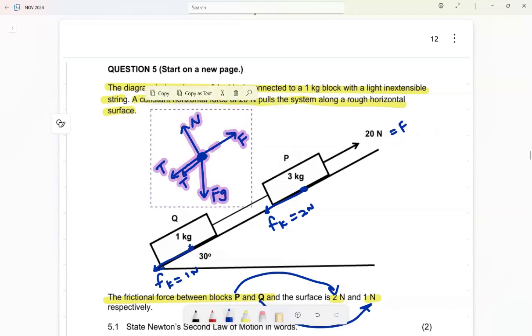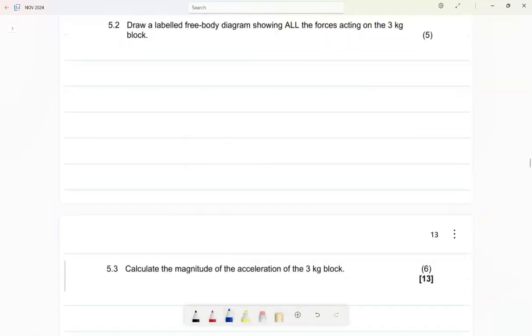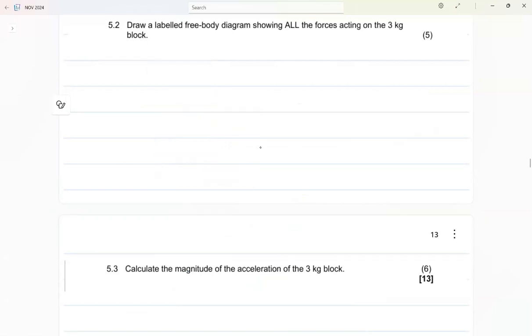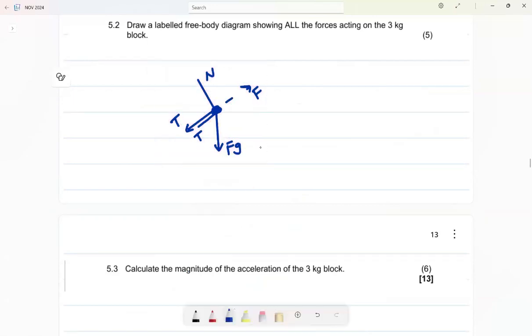When they ask you to draw a free body diagram, do not break Fg into its components. We're gonna do that for the purpose of calculations. Let me put it here. I have this, I have that, like that. So this is what you're expected to draw, okay?